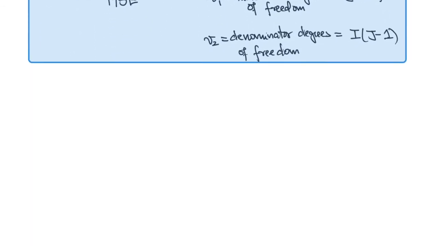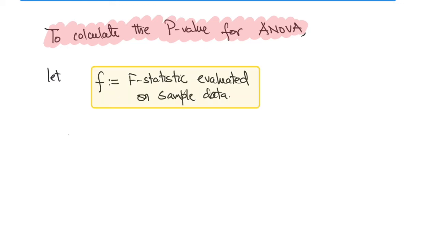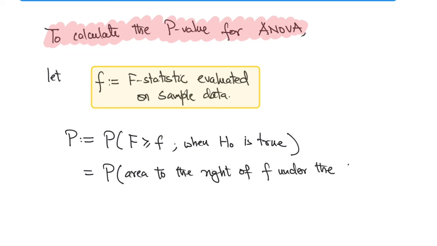We can now calculate the p-value for the analysis of variance hypothesis test. Once we know the value of our test statistic, which will be calculated using sample data, so if small f is the value of that F statistic, the p-value is going to be calculated as the probability that the F statistic takes values bigger than small f when the null hypothesis is true.